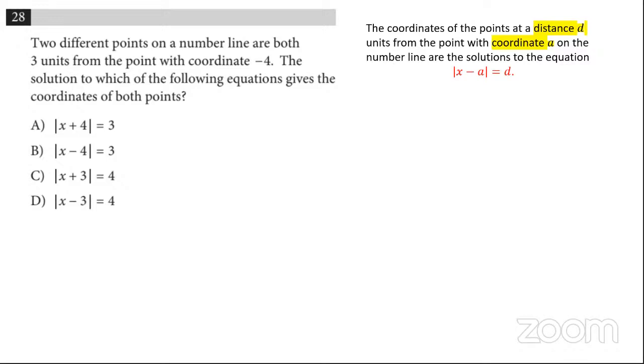Modulus of x minus a basically gives the distance between the point x and the coordinate a. x is the coordinate of the point and a is the given coordinate. Then modulus of x minus a is the distance between x and a, and we are given that this distance is equal to d. So the corresponding equation will be modulus of x minus a equal to d. Any doubt?